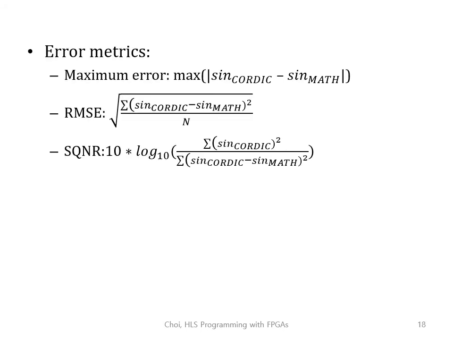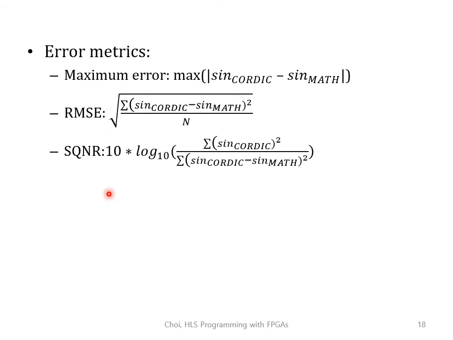The simplest way to define error is to measure the maximum absolute value between the computed value and the reference value. But the more commonly used metric is root mean square error, which is computed by summing up the square of the error divided by the number of samples and taking a square root.